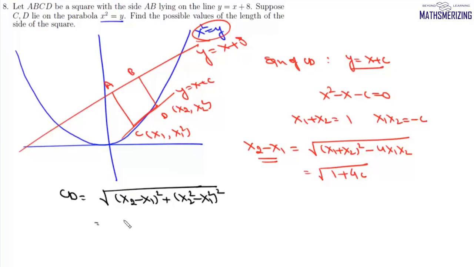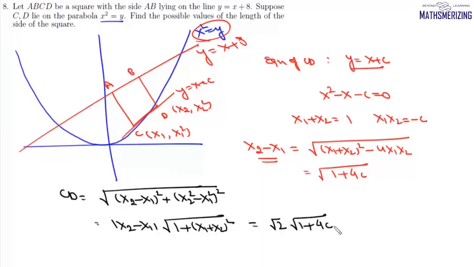Now this is a plus b into a minus b. So we can take x2 minus x1 common, and here it will be 1 plus x1 plus x2 whole square. Now x1 plus x2 is 1, so this value will be root 2, and x2 minus x1 is nothing but under root of 1 plus 4c. So length of the side CD is under root 2 under root 1 plus 4c.